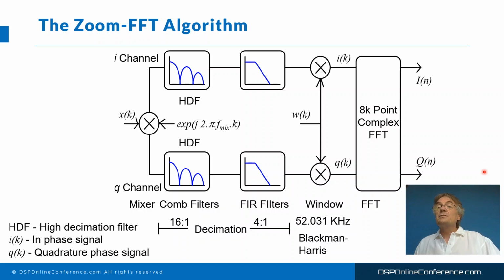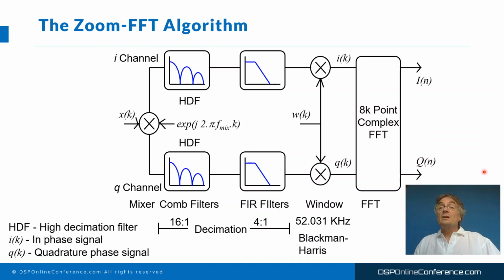Now we'll look at the filters in a second, but the things we have to think about in this application are that the primary driving function really is the input sample rate, 3.3 megahertz. We're going to be putting data at 3.3 megahertz through this modulation function and then into our filters.